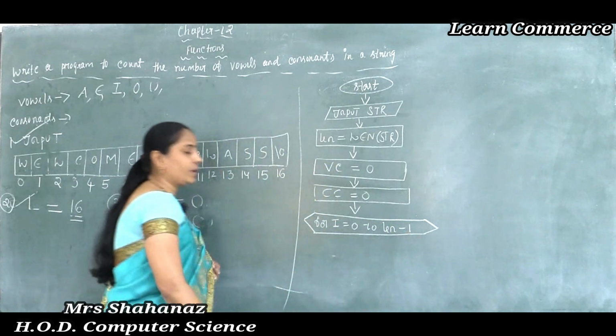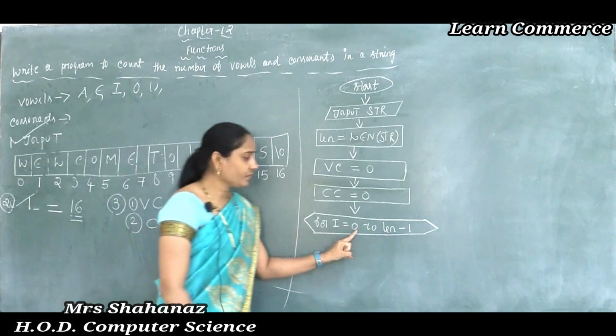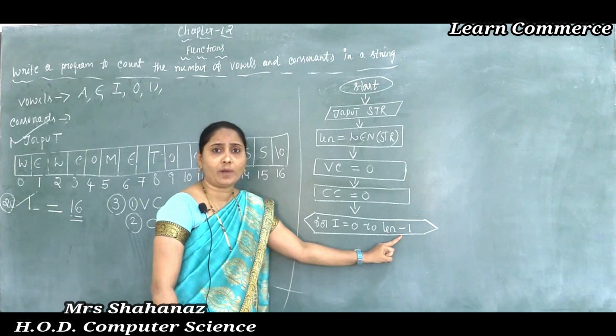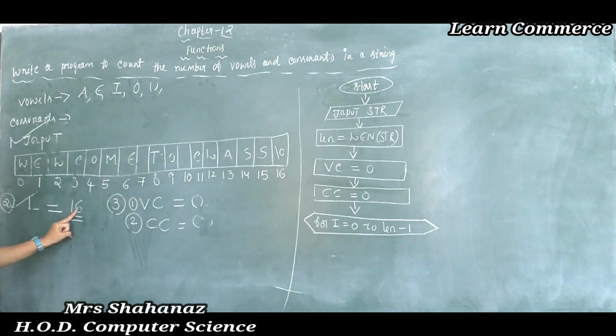The len minus 1: as we know, the length starts from 1 2 3 4, but the position value of each character, that means the position of our first character, starts from position 0. So we can say 0 to len minus 1. Correct? No, the total number of characters is maybe 16, minus 1, 16 minus 1, so 0 to 15, that is equal to 16.